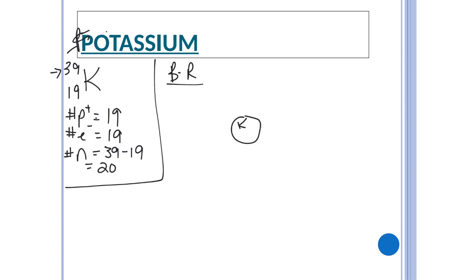We know that the element is potassium, and we put the symbol of potassium in the nucleus, including the subatomic particles that sit in there. The two particles that sit in the nucleus are your protons, so we write 19 positives, and then neutrons, so we write in there 20 neutrons. I'm squishing that in, but you get the idea.